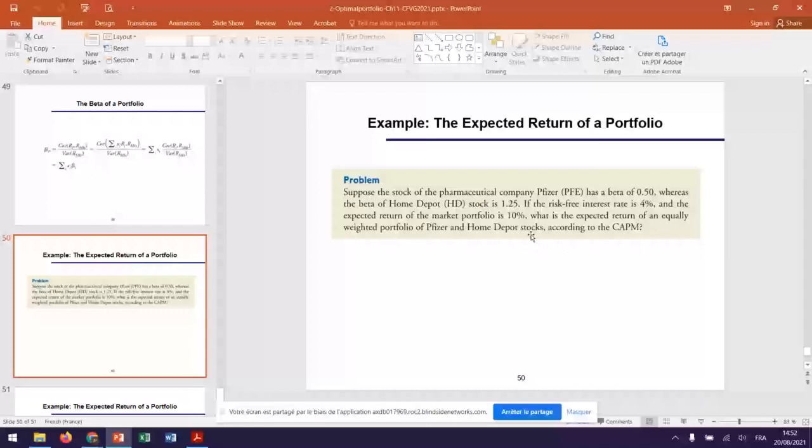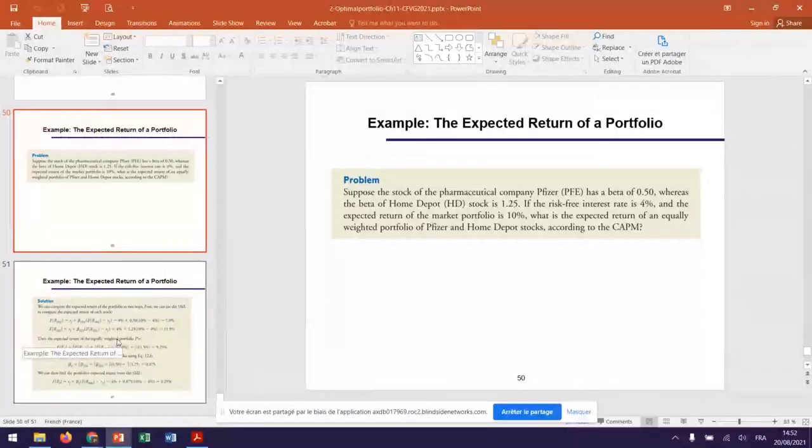So if the risk-free rate is 4% and the expected return of the market portfolio is 10%, what is the expected return of an equally weighted portfolio of Pfizer and Home Depot stock according to the CAPM? You can do this in two ways.